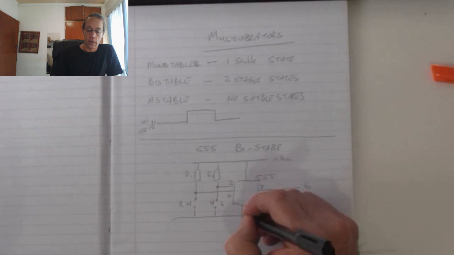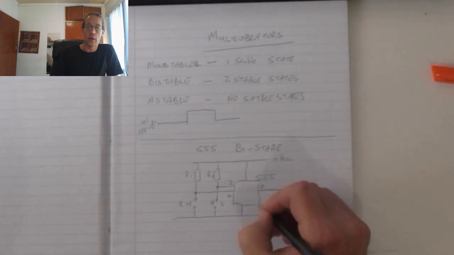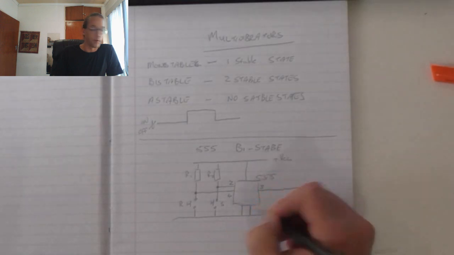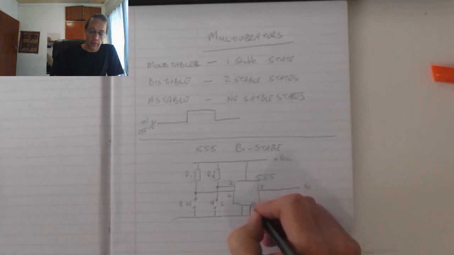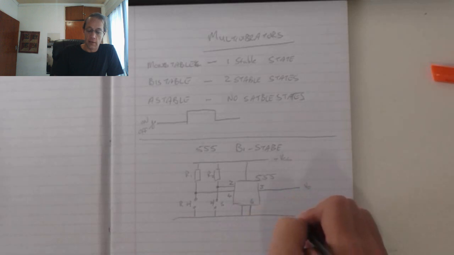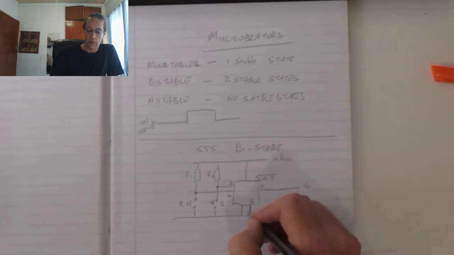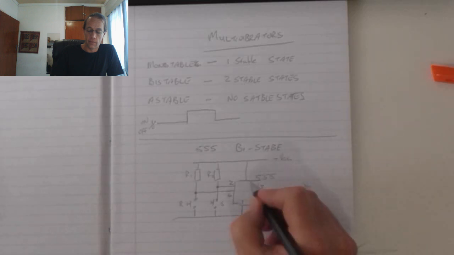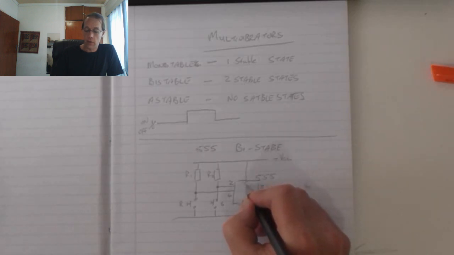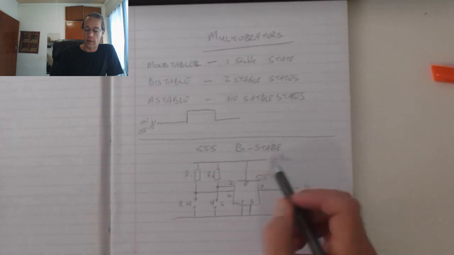In order to ensure that this 555 does not trigger due to unwanted or stray voltages, we are going to ensure pin 6 is connected to ground so that it cannot go above 2/3 of the supply, and pin 1 is a supply pin and pin 8 is the other supply pin.